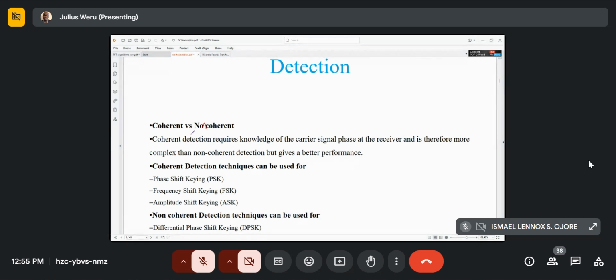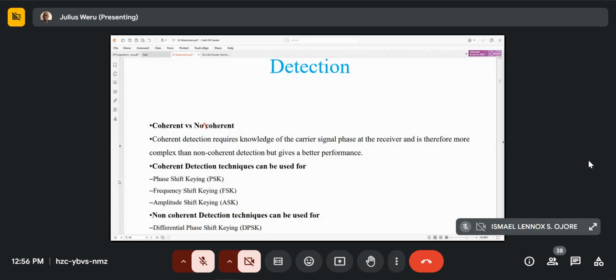If your message is in the phase, then you need to know the carrier phase. So for things like phase shift keying, you have to use coherent detection. You can't use non-coherent. After all, if the message is carried in the phase, then you need to know the carrier phase.